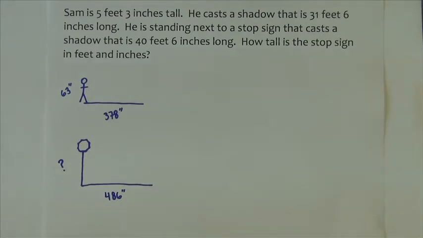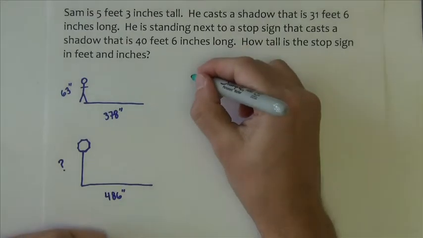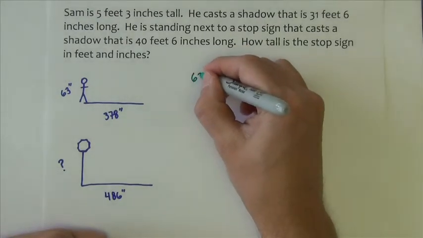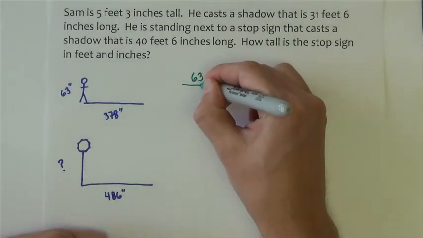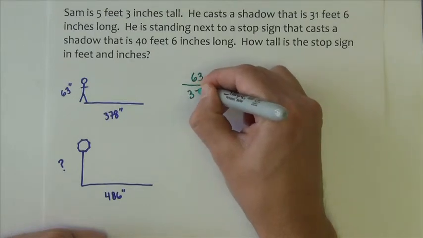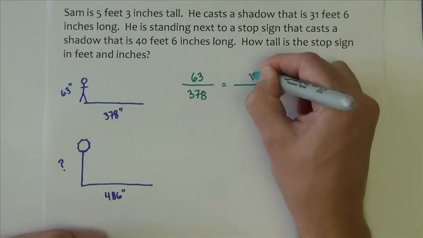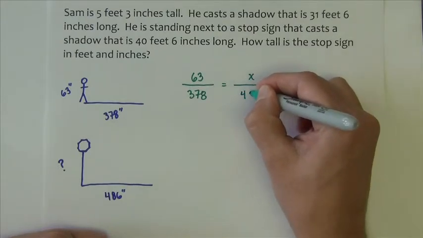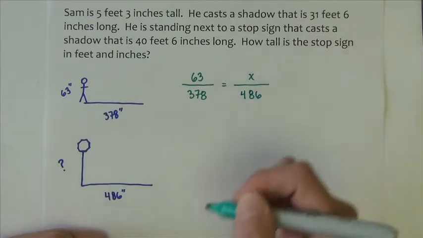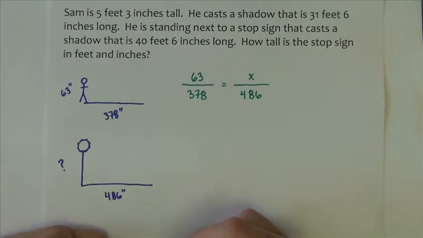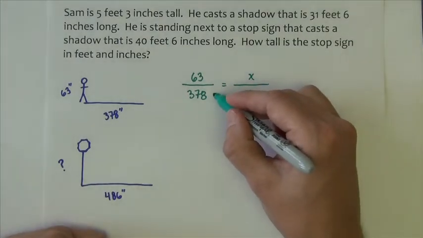So we're going to set up a proportion to help us solve this problem. We could say that 63 inches gives a shadow of 378 inches. So what height gives a shadow of 486 inches? So we'll cross multiply.